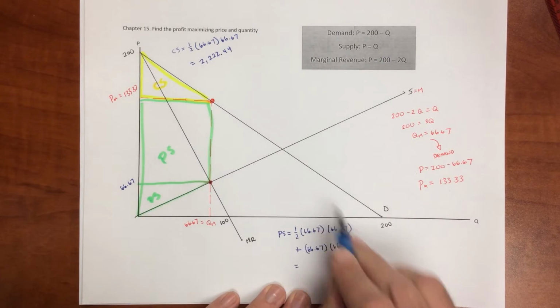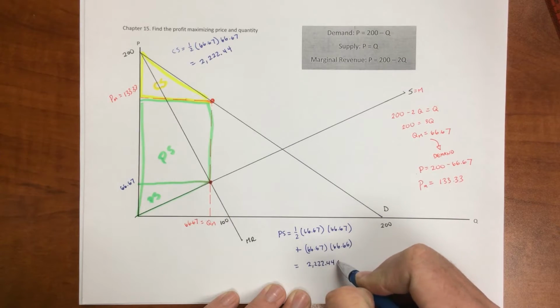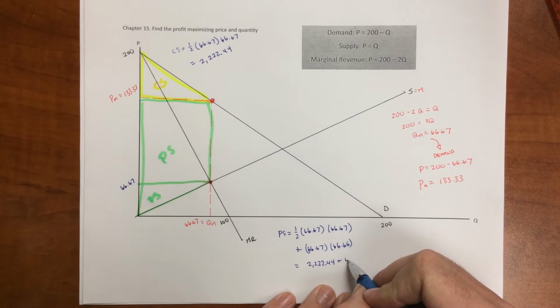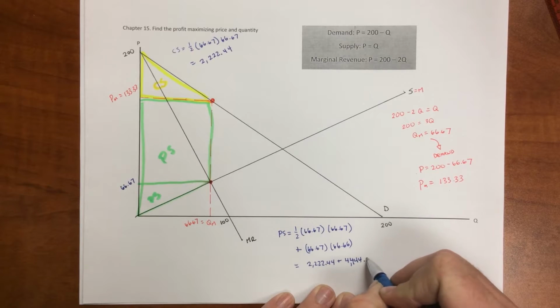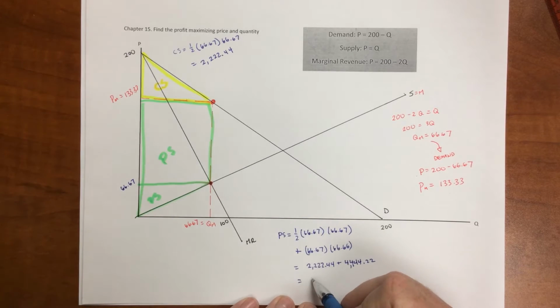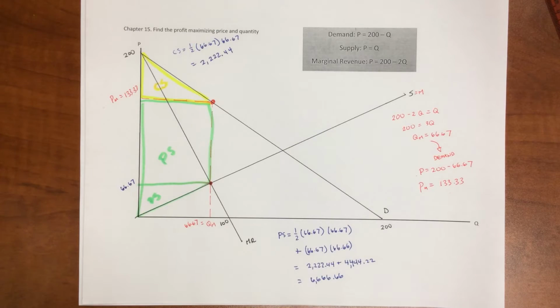And so we'll get 2,222.44 plus 4,444.22, and then add that to plus 2,000. We'll get 6,666.66 is the total producer surplus.